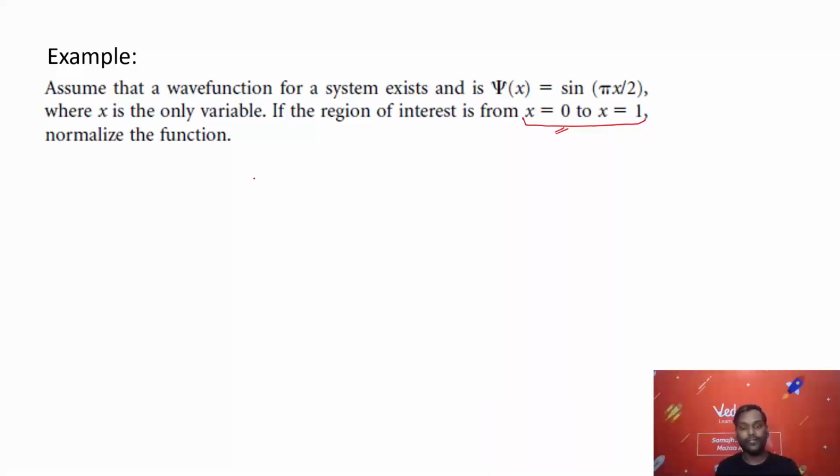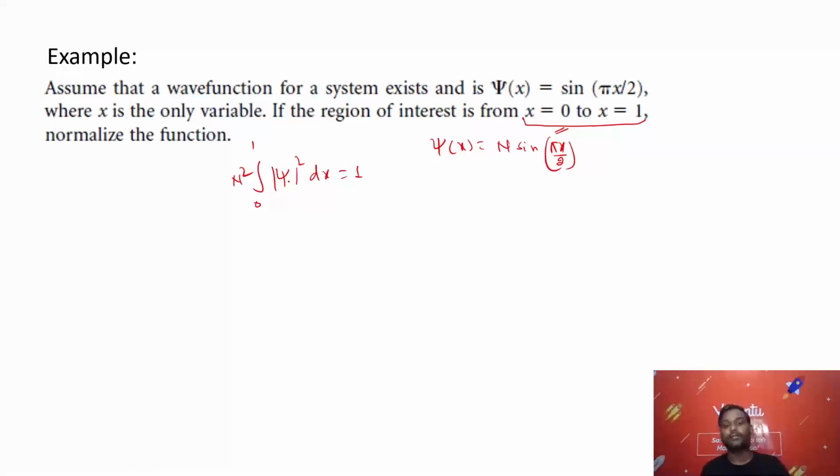So to normalize the function, I will use that the integral from 0 to 1 of psi square into dx should be equal to 1. For that, I will have to multiply this with a constant N, meaning let us assume that the normalized wave function is N into sin(pi x by 2), so it would be N square psi square. The normalized wave function should have the overall probability to be 1. Let us put the values.